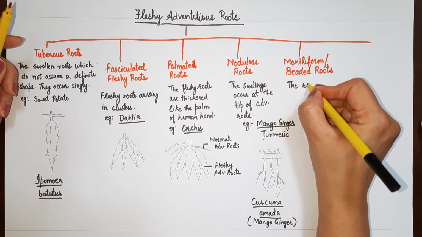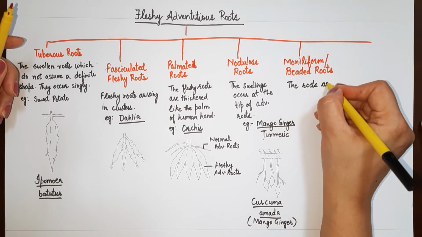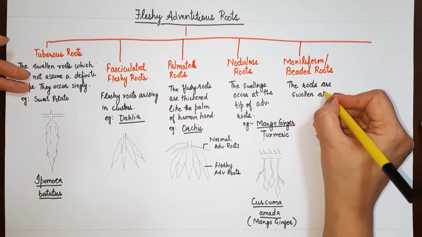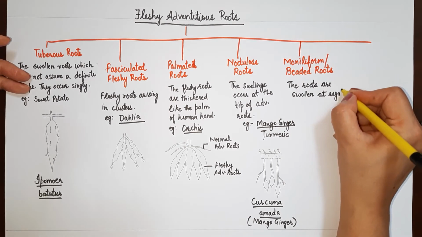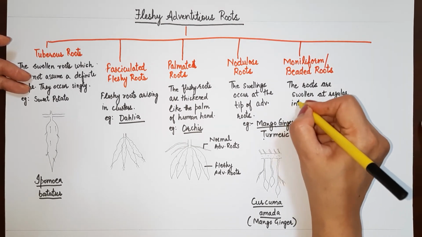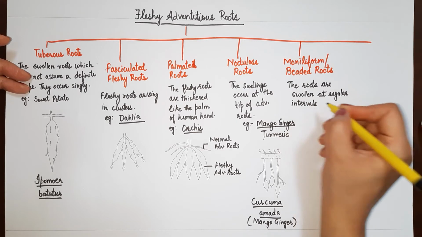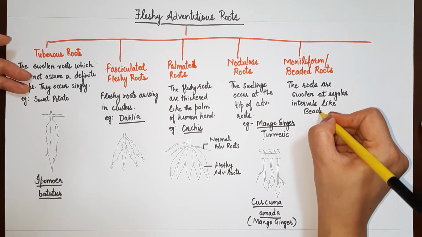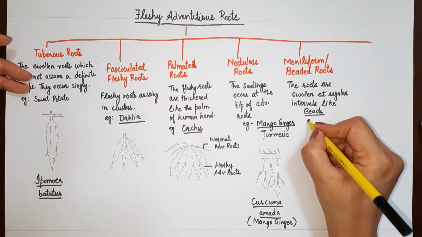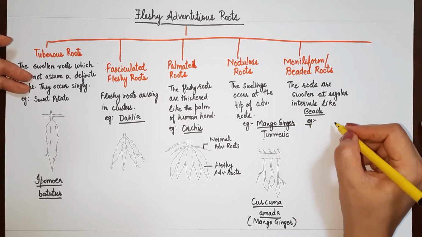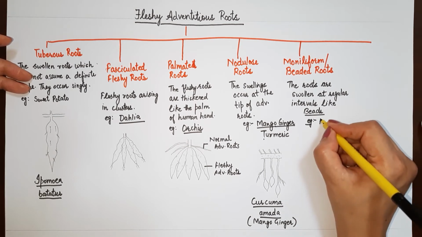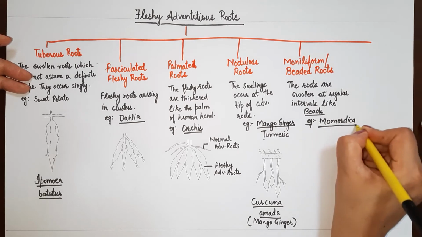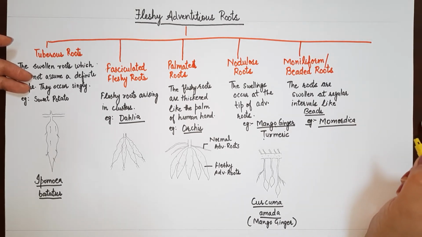So here the roots are swollen at regular intervals like beads. Example here is Momordica. Momordica is Karela. Okay.